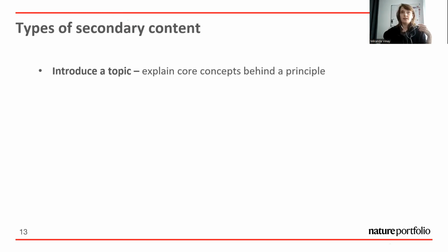The types of secondary content are things that introduce a concept. They can explain core principles behind something, maybe something like a tutorial, something like a science biography, which would be like a professor writes about themselves and their journey and their life experiences and what they've discovered.